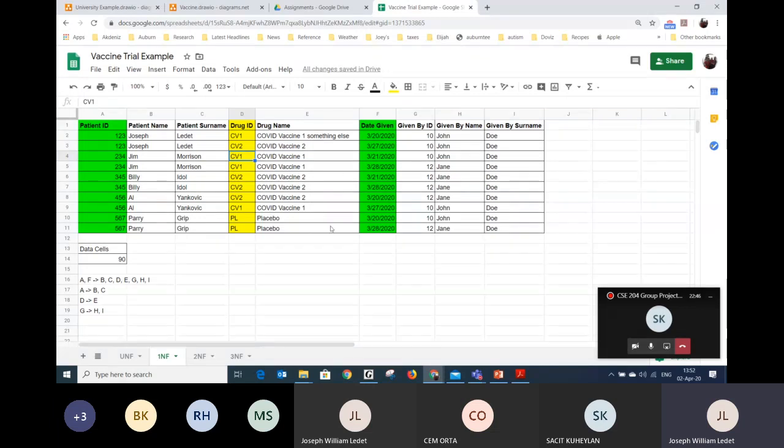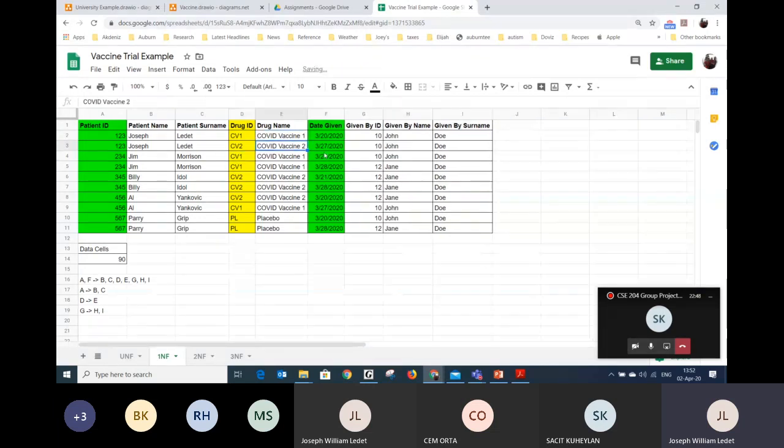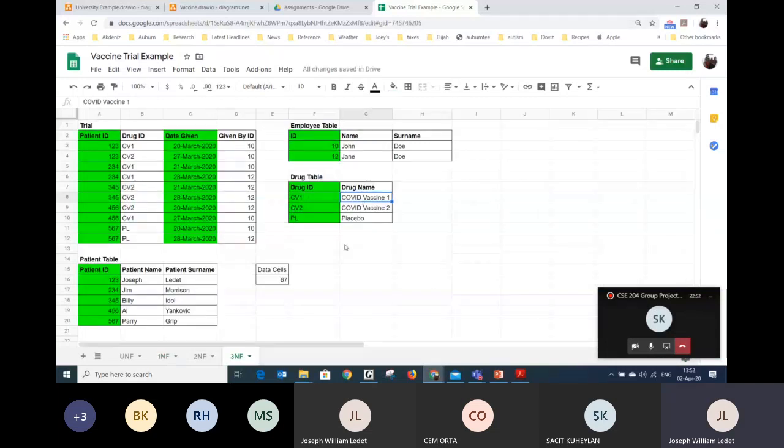That's a problem. We can't do that in the third normal form here. If we make this something else, it's going to be something else every time the CV1 value appears. All right, so that's a refresher on the whole normalization process.